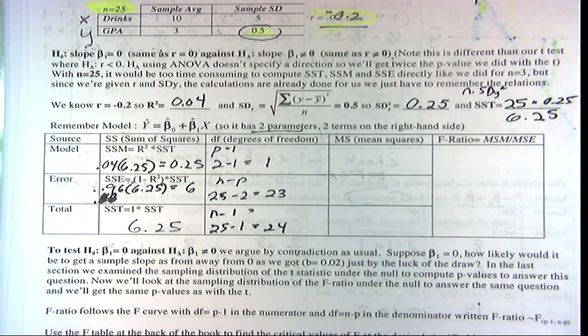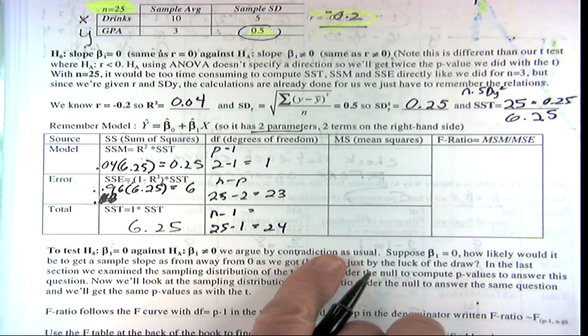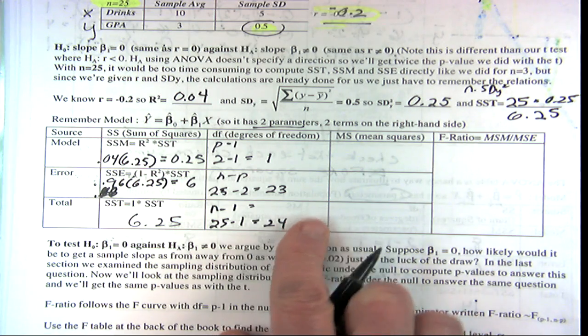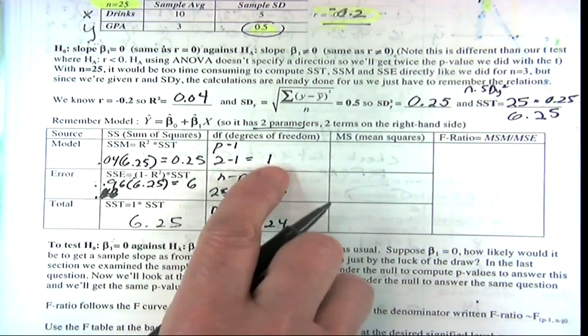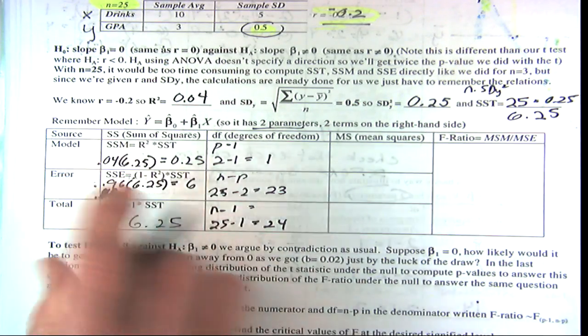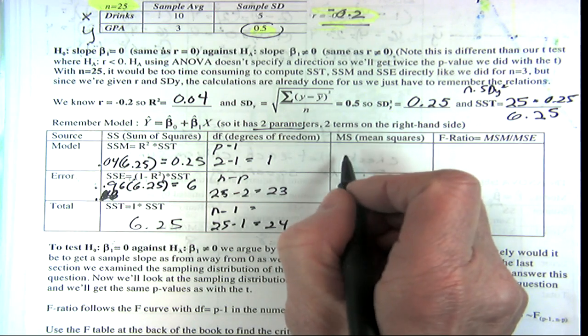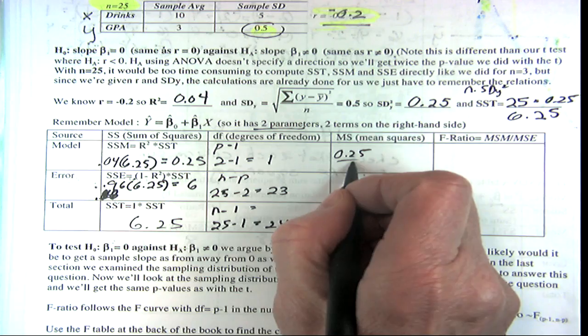All right, so now what are we going to do here? We're just going to take the mean square, which is just the sum of squares divided by their degrees of freedom. So for the model, the mean square is 0.25 divided by 1.